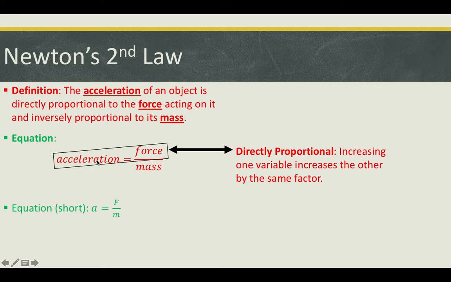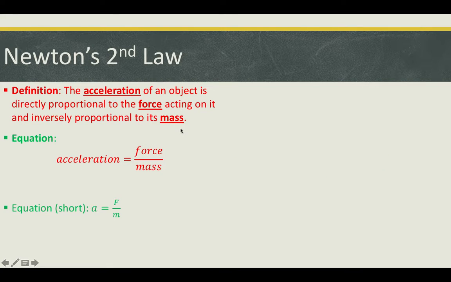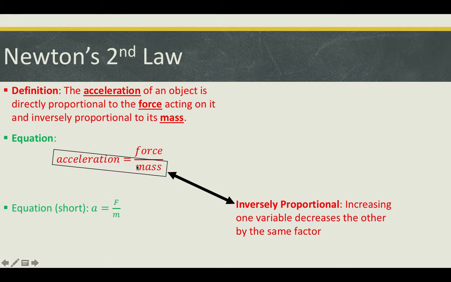Similarly, if the acceleration is increased and the mass stays the same, then the force required will go up. So direct proportionality means increasing one variable increases the other variable by the same factor. Then the inverse proportionality to mass, we'll see by looking at these two values.